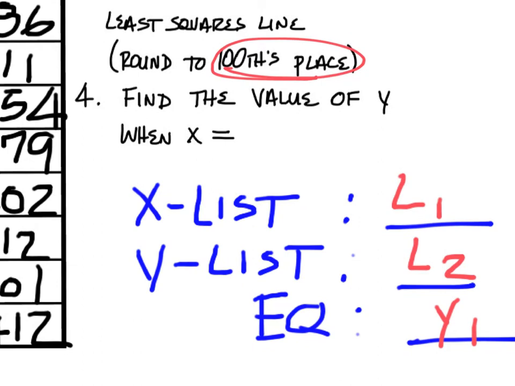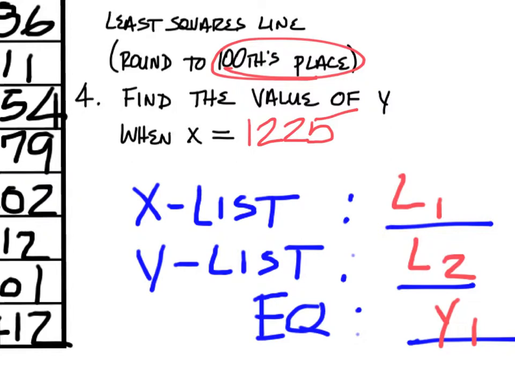Next up is making a prediction, and for this problem, we're going to predict the value of y when x is 1,225. To do that, you're going to type in 1,225 on the calculator, hit the store button, and then the X button. Hit enter. It'll show you 1225.